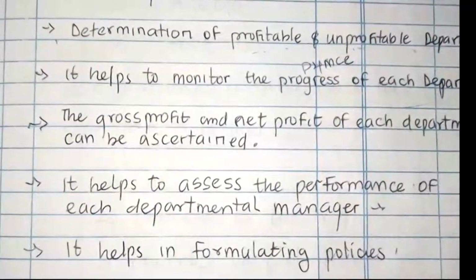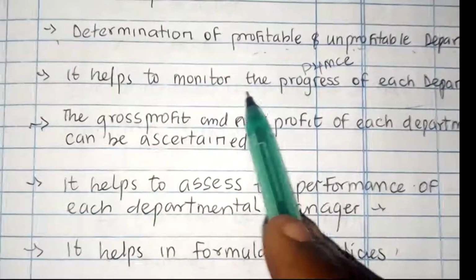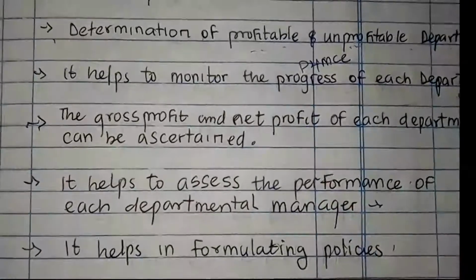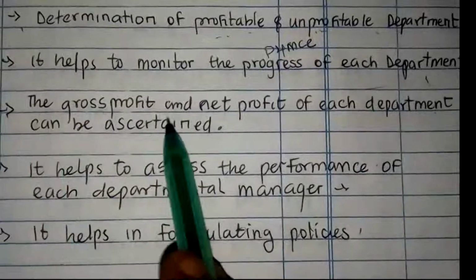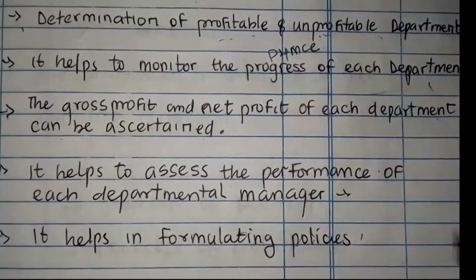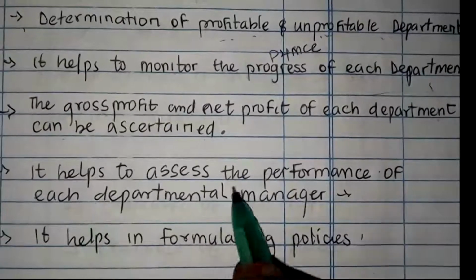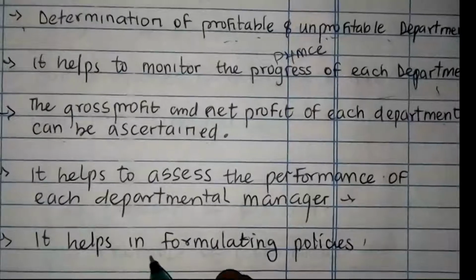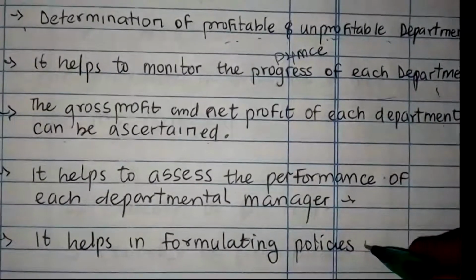So either system can be adopted. Where you have Department A, B, and C, we use separate books of accounts. Hope you comprehend. Students should take note of that, because I may ask you to explain the methods of departmental accounting.